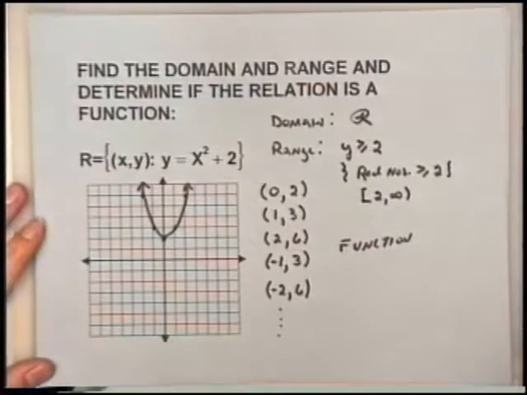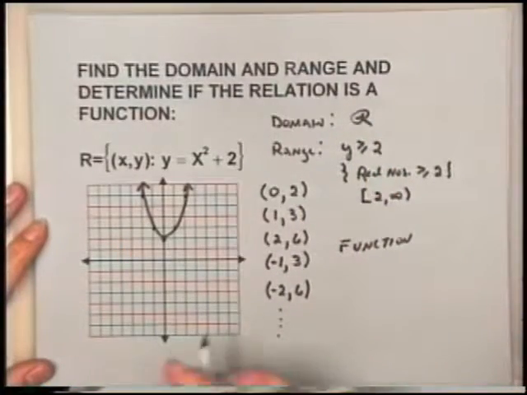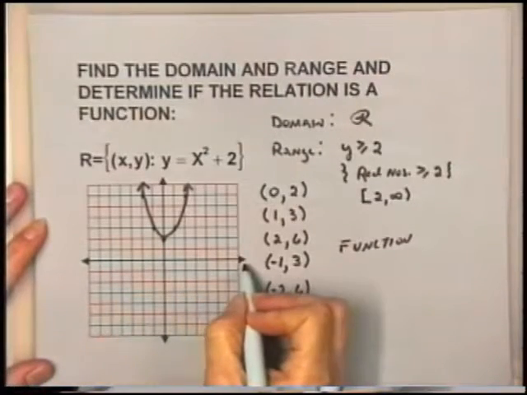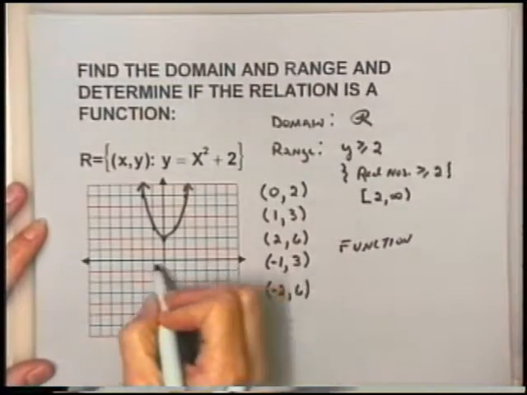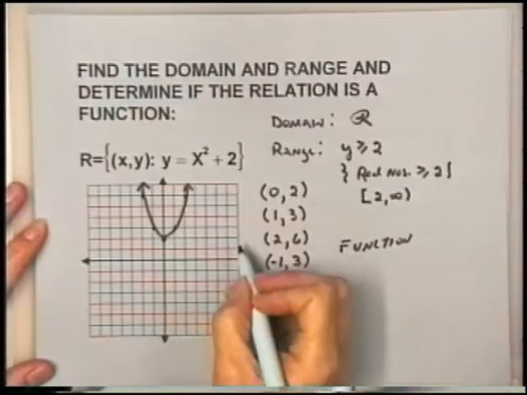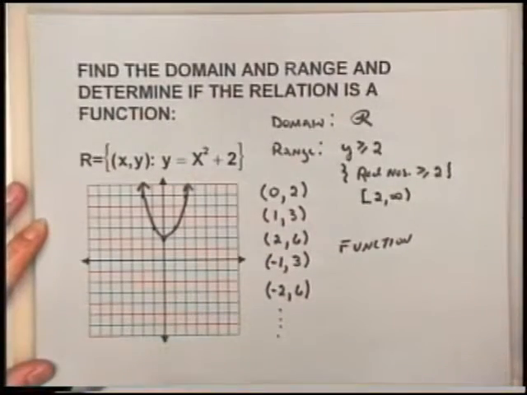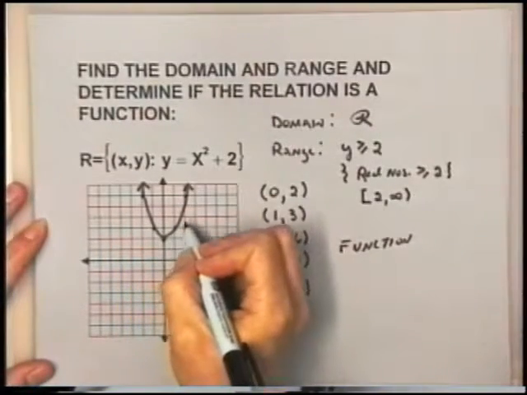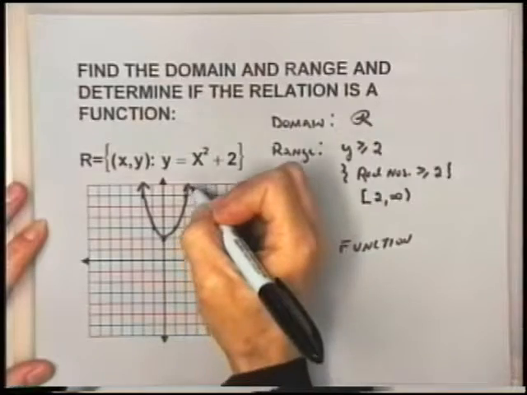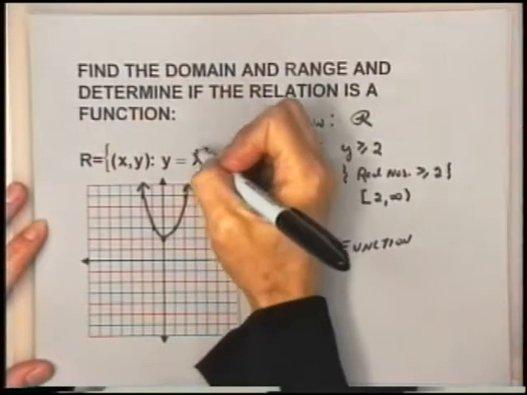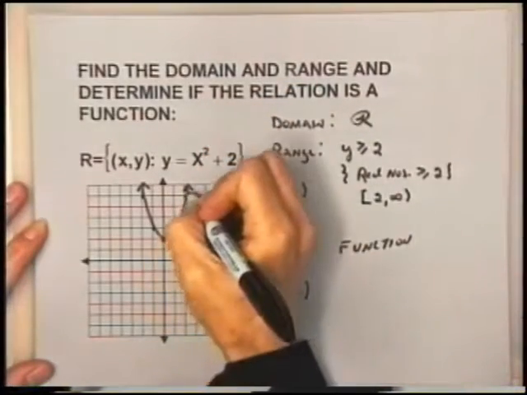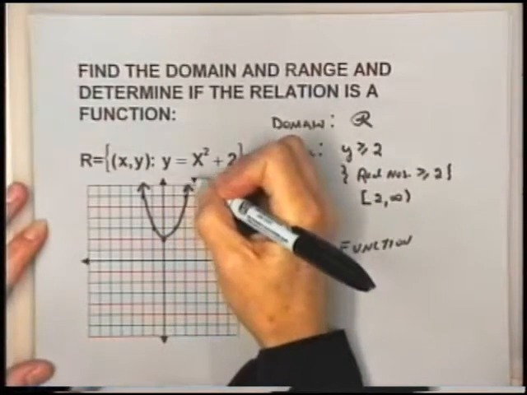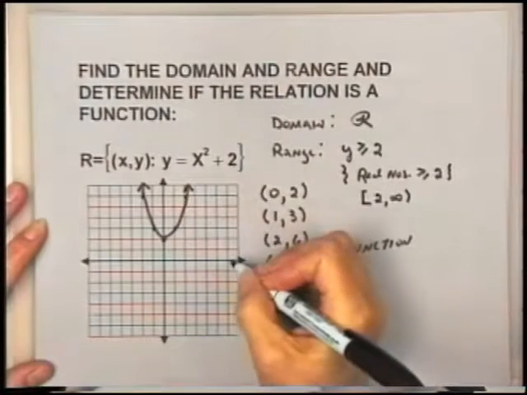Now, let's look at this idea of domain and range and function again from the graph. As I move on the x-axis from left to right, I want to know, will there be a point on this graph above any of these numbers for x? Notice the arrows that I placed here. This curve is going to continue to go up. Now, it's going to get very steep, but it's going to go up forever. And notice it doesn't ever go straight up in a vertical line. It continues to curve outward.